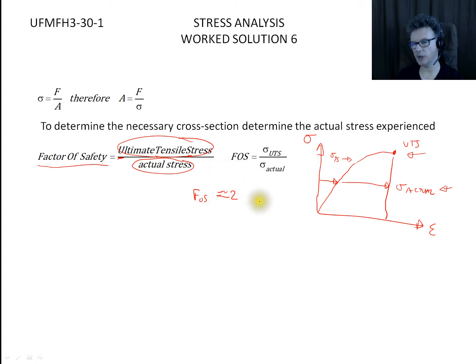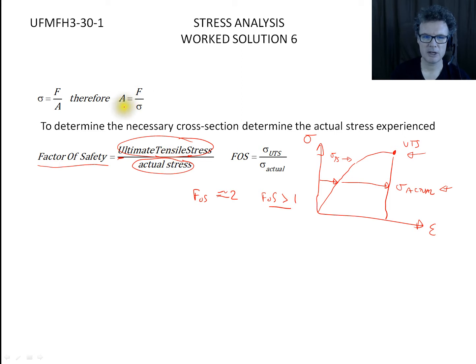You know, it's certainly going to be 1.5 plus-ish for most structures. So those are the numbers that you're looking for. So you're looking for a factor of safety that's bigger than 1, always. If you don't get that, then your whole thing is going to collapse on you straight away.